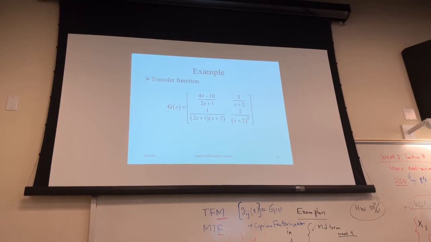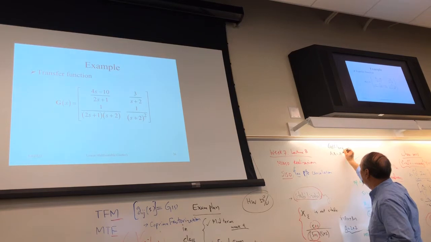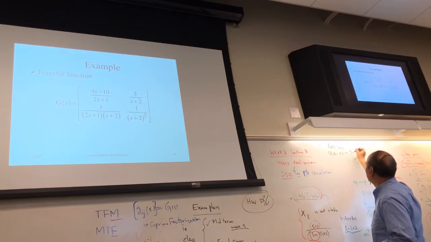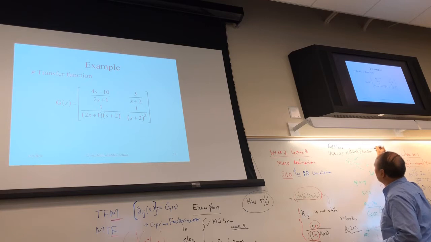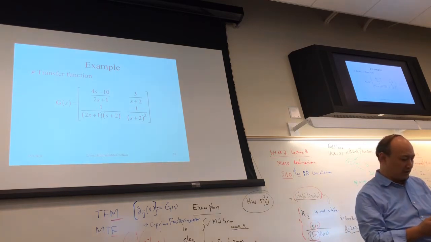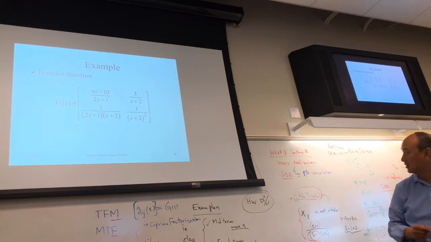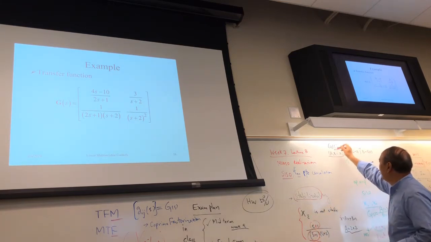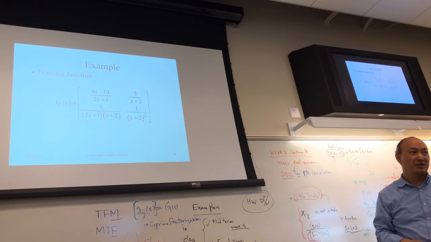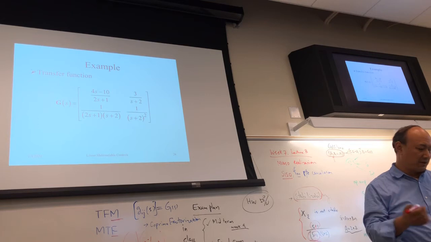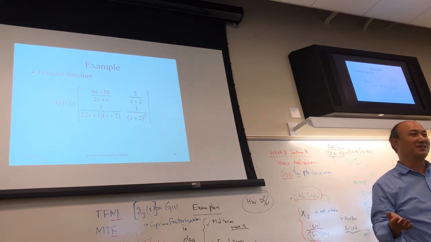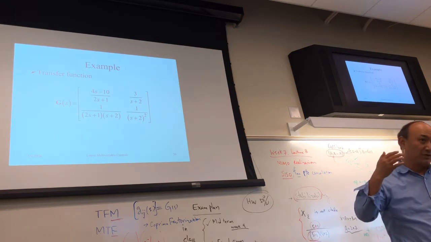How do you come up with A, B, C, D such that C times (sI minus A) inverse times B plus D equals G(s)? That's called realization. There are infinitely many such combinations of A, B, C, D to do that. But you need to be able to quickly find one, following the steps we just showed you.